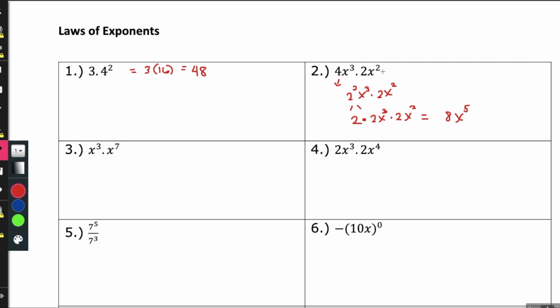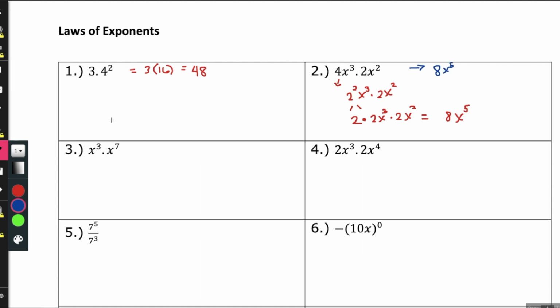The reason why I showed you this other method is because there are times wherein you can actually simplify it for you to see which ones you can multiply and which exponential laws you can apply. But if let's say you want to use the other method, you can just multiply them directly, like the coefficient. So 4 times 2 is 8. And you know that x has the same base, so you just write down 8x raised to the 5th.